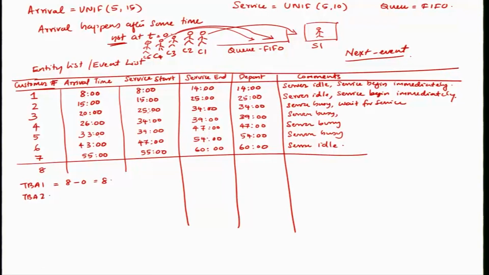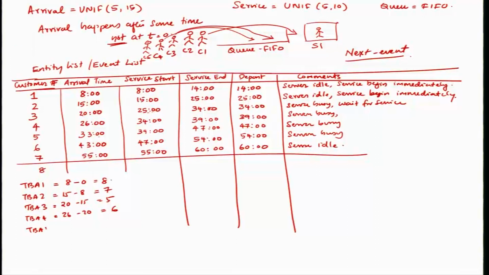TBA 2, time between arrivals, is 15 minus 8, so that will be 7. TBA 3 will be 20 minus 15, that is 5. TBA 4 will be 26 minus 20, that is 6.